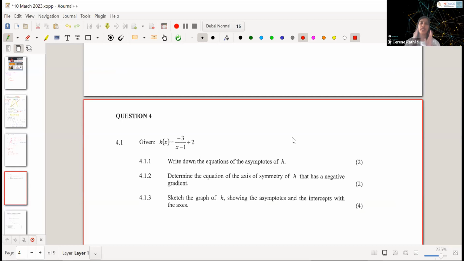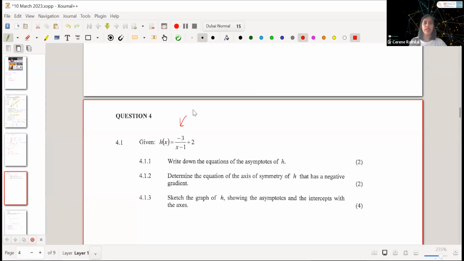So firstly, looking at this function that we've been given, what type of graph does it describe? We've just investigated parabolas. Yes, this is a hyperbola.